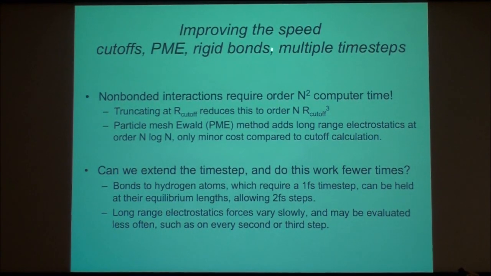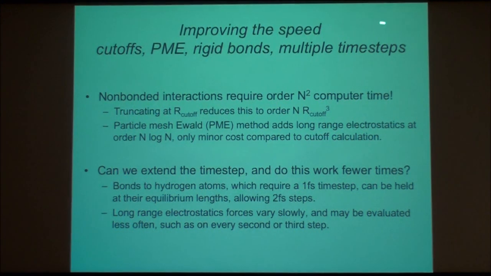Sometimes, as I pointed out, you can consider bonds that have hydrogens in them as rigid bonds. Just ignore the importance of the vibration of those bonds. And by doing that, you can go to 2 or 3 femtosecond time steps instead of 1. That already increases the time scale of your simulation by a factor of 2 or 3.